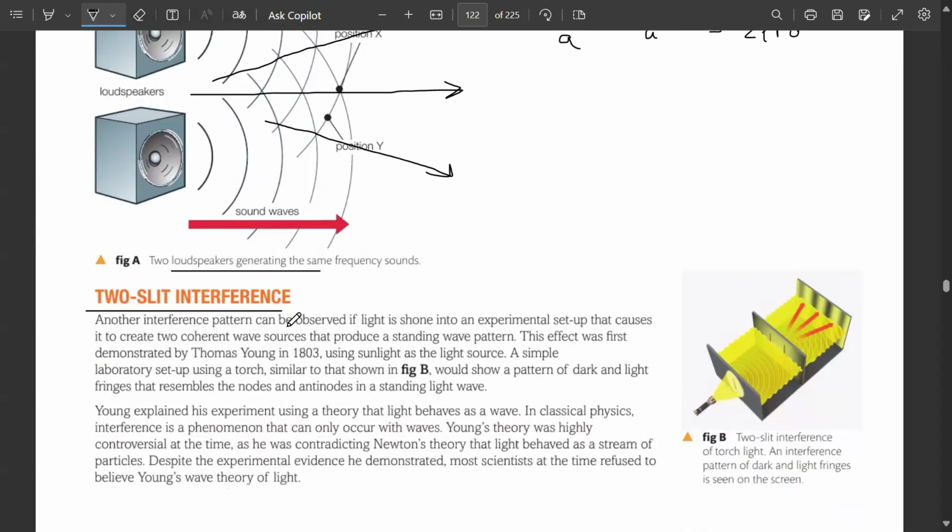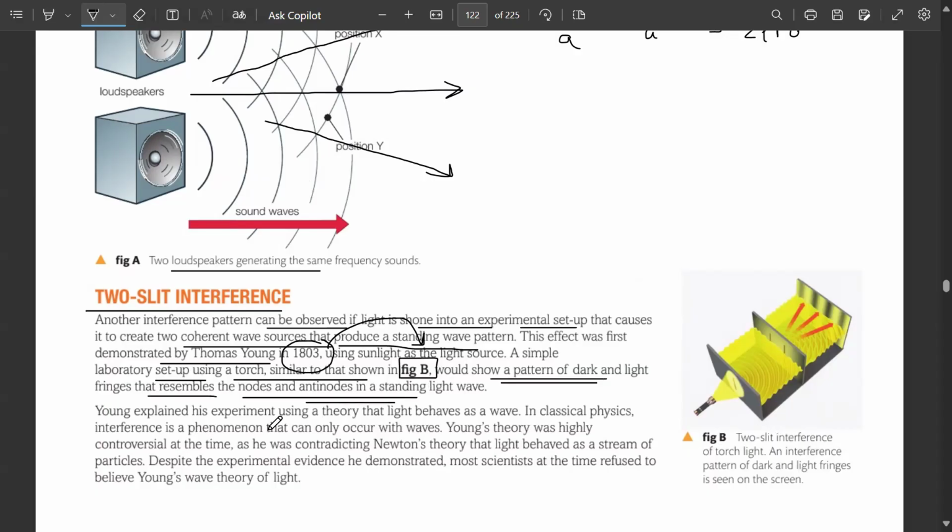So another interference pattern can be observed if light is shone into an experimental setup that causes it to create two coherent wave sources that produce a standing wave pattern. This effect was first demonstrated by Thomas Young in 1803 using sunlight as a light source and a simple laboratory setup, using a torch as well, similar to that shown in figure B, which would also show a pattern of dark and light fringes that resembles the nodes and antinodes in the standing light wave.